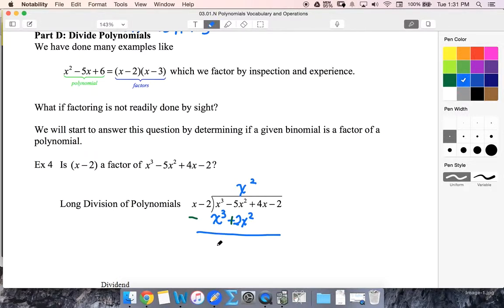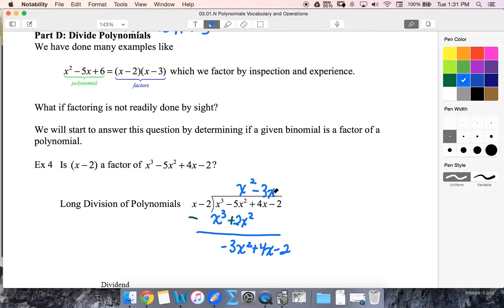And we don't really need to write the 0. Negative 5x squared plus 2x squared is negative 3x squared. There's no like term with the 4x, so it just comes down. No like term with the 2, it just comes down. So now I need to multiply x times something to make negative 3x squared. Again, I'm lining things up, so I need a negative 3x.